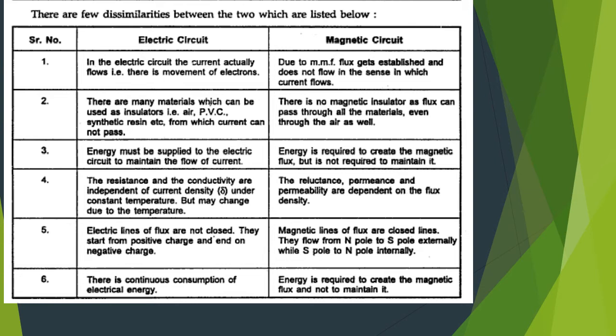Now the third: in an electric circuit, energy must be supplied to maintain the flow of current. Yes, V is directly proportional to I, as the statement of Ohm's law: if there is a V, then we get current I. To maintain the flow of current, we should have a continuous supply of energy.